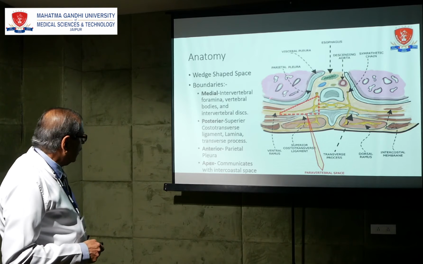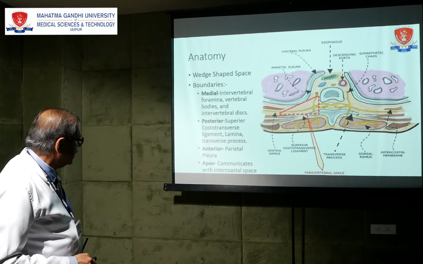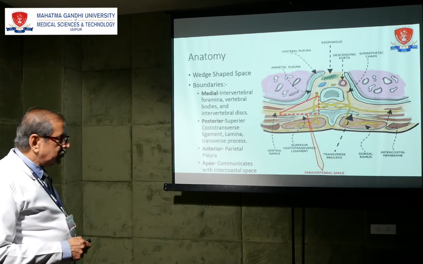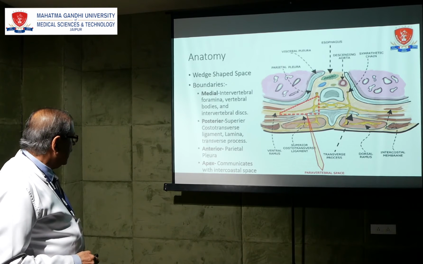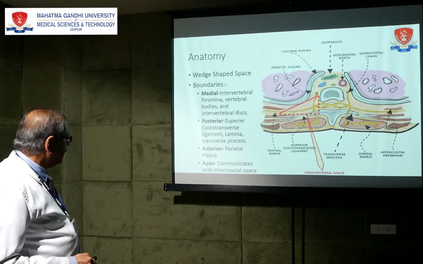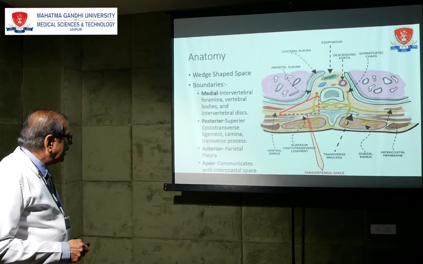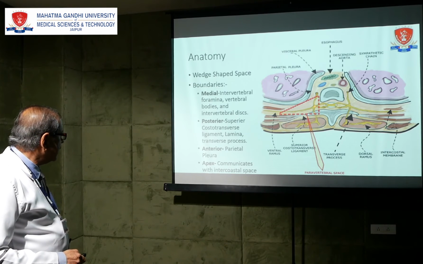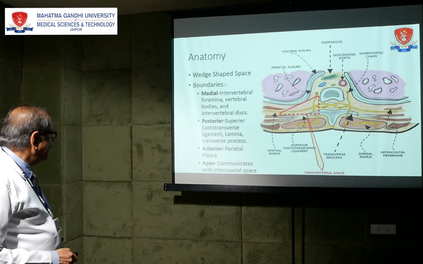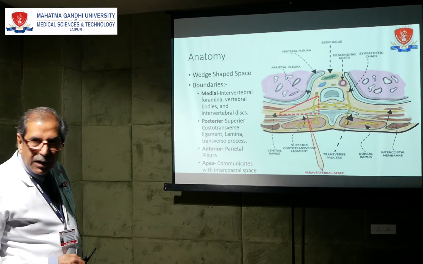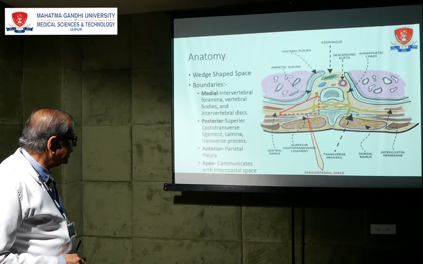Now, what is paravertebral block? As I had mentioned to you, it is a wedge-shaped space, anterolateral to the body of the vertebra. This is the thoracic vertebra. Its medial wall is formed by the vertebral body, the intervertebral foramina, and the disc, and the posterior border is formed by the superior costotransverse ligament.